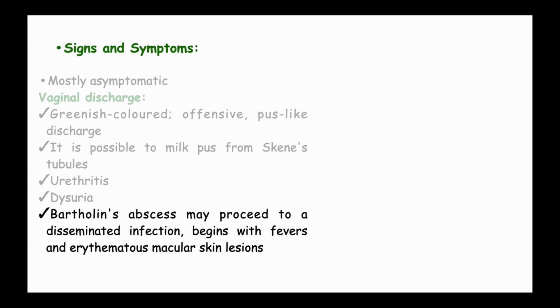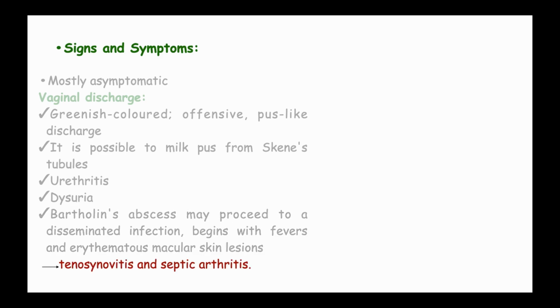Then we may have a Bartholin's abscess, and this may even progress to a disseminated infection. Disseminated infection usually begins with fever and an erythematous macular skin lesion, and if left untreated may lead to complications we call tenosynovitis and septic arthritis.